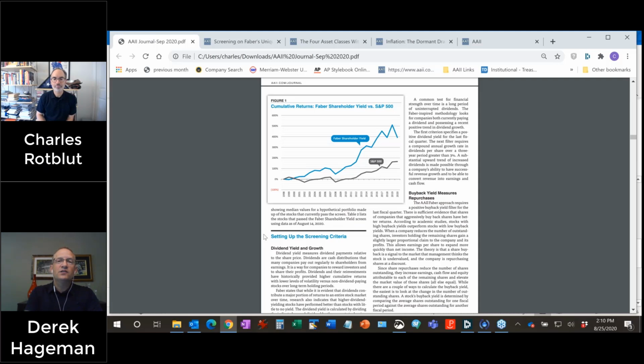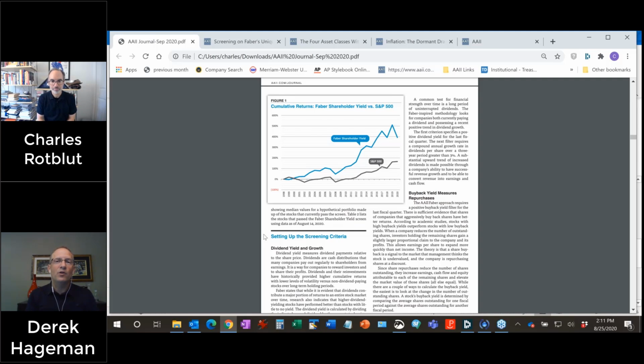And since share repurchases reduce the number of shares outstanding, they increase the earnings, cash flow, and equity attributable to each of the remaining shares, and it really elevates the market value of those shares. Again, that's with all else being equal.